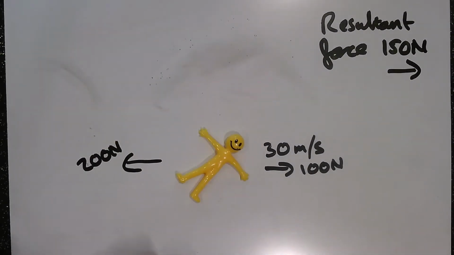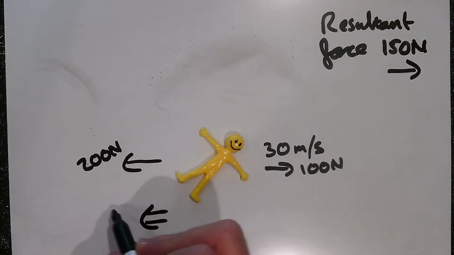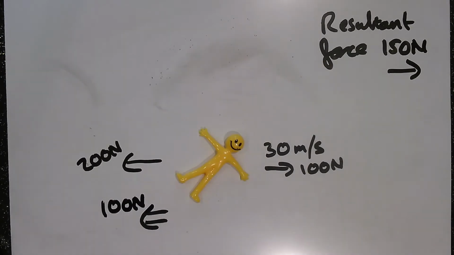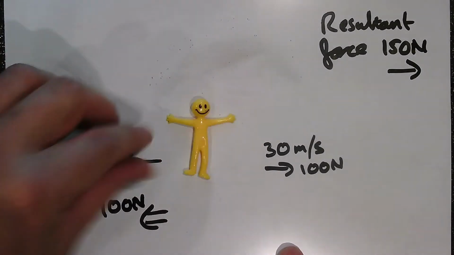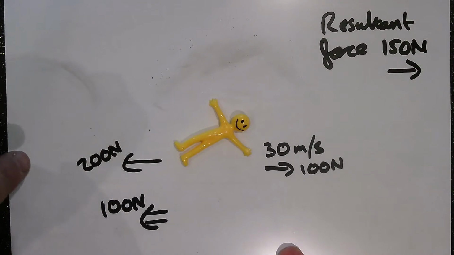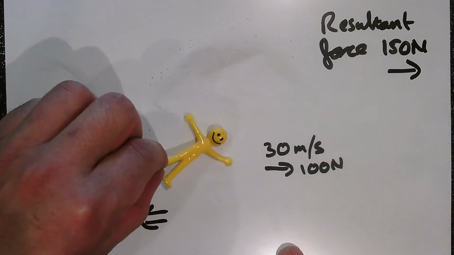In this scenario, we need to work out the resultant force again. The resultant force in this case is 100 newtons, because the 200 wins, and it wins by 100 newtons. So even though Yellow Man was going down the road this way, quite happy, a pair of fingers came in and grabbed his leg and exerted 200 newtons that way, so he slows down.